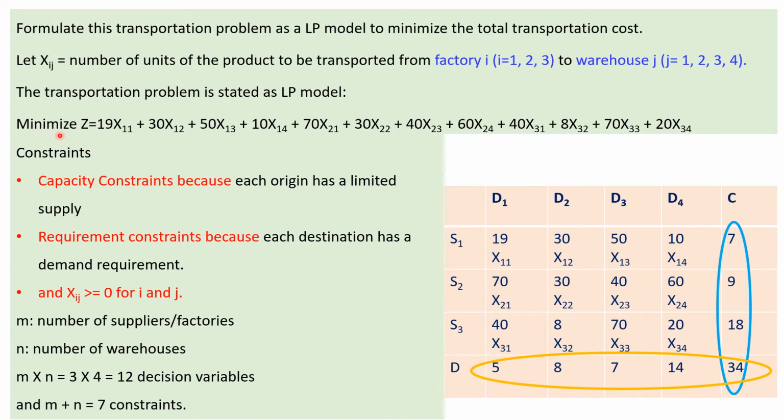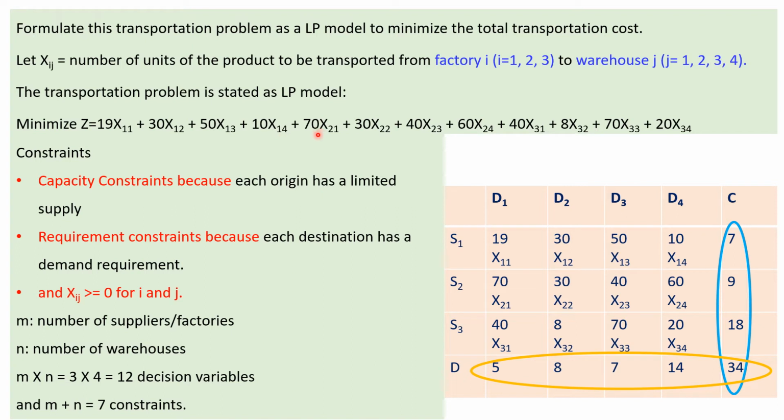So minimization of Z equals 19 times X11. This is the transportation cost from S1 to D1, and here it is from S1 to D2, and from S1 to D3, and from S1 to D4.